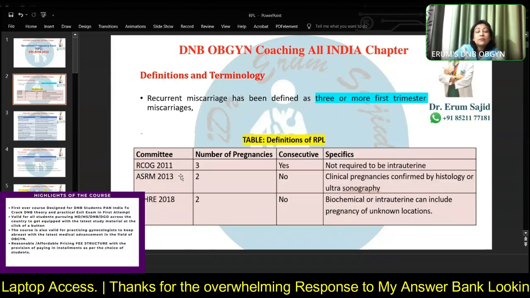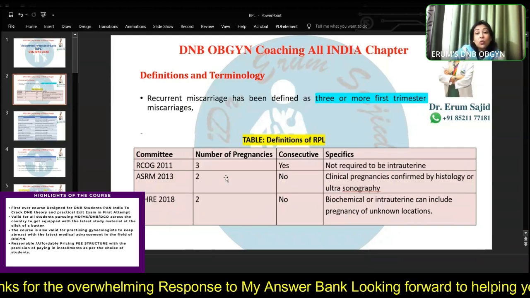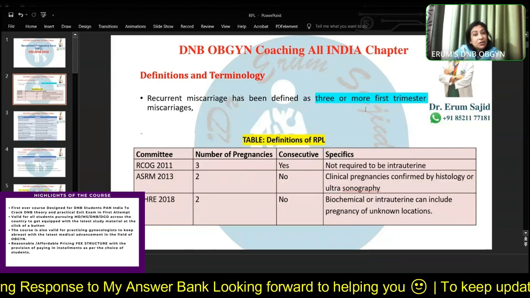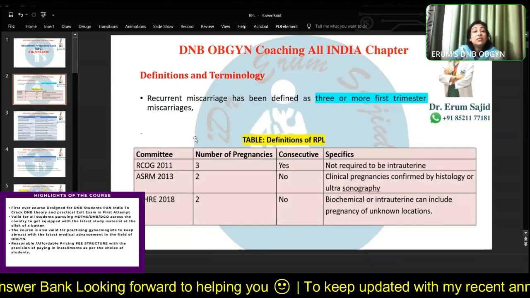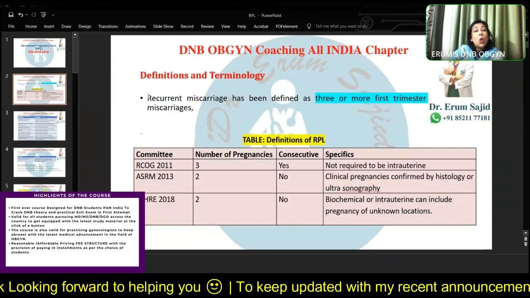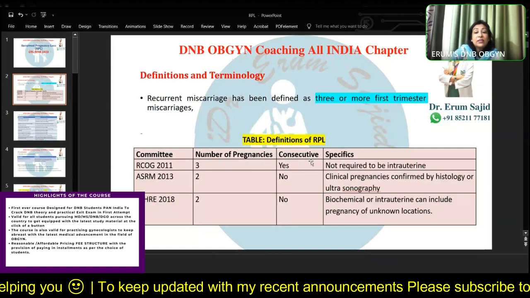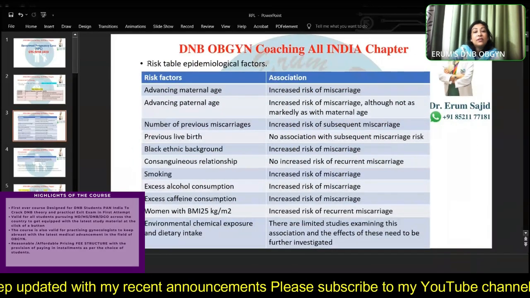RCOG gives it a more relaxed look: 3 have to be there and they have to be consecutive, only then will I call it recurrent. Otherwise, she can just have a bad obstetric outcome, and that's it. So by the RCOG definition, that is by GTG, you will call it a recurrent pregnancy loss only if there are 3 or more first trimester consecutive miscarriages. Now, what about the risk factors?